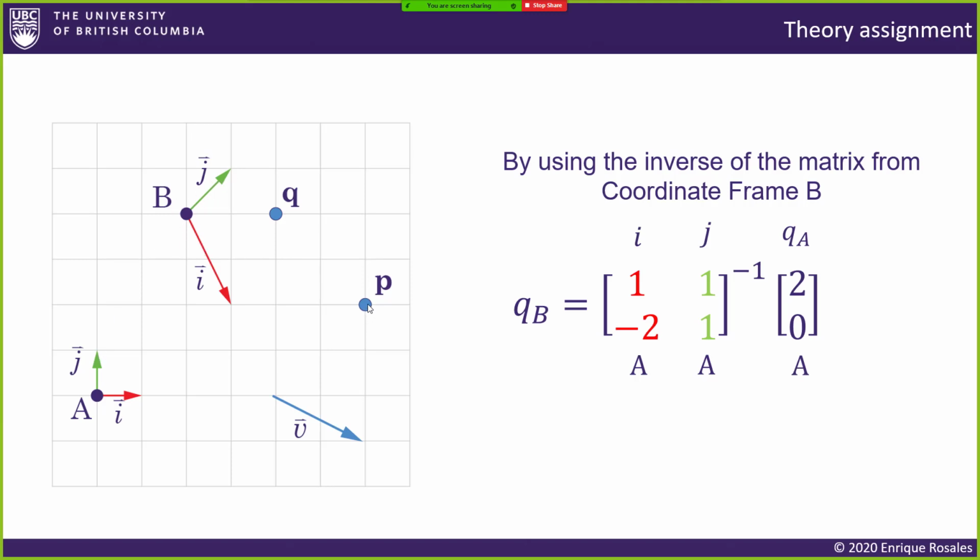So P will probably go down there, in a position similar to where my mouse is. In that case you don't need to use the inverse, but in this case I'm asking the other way around.